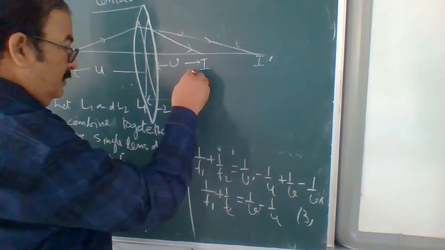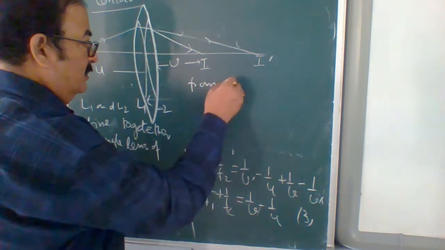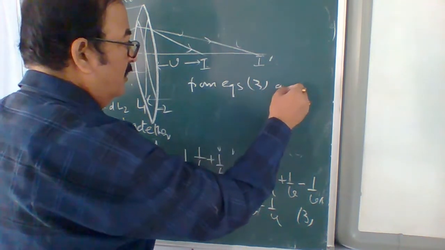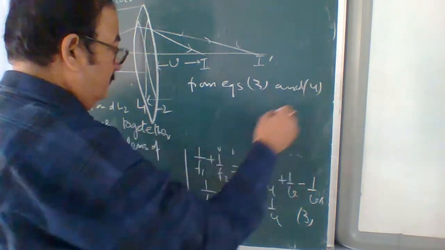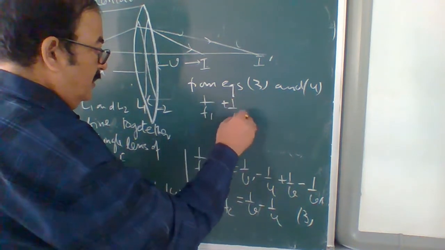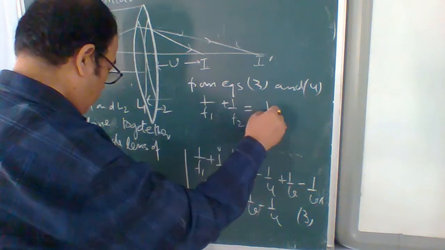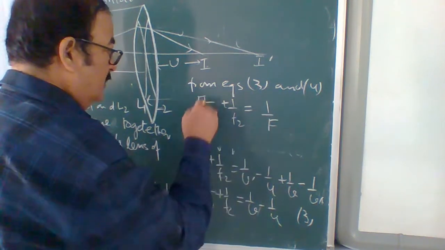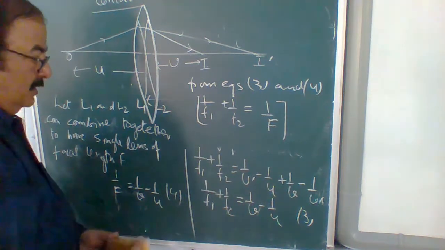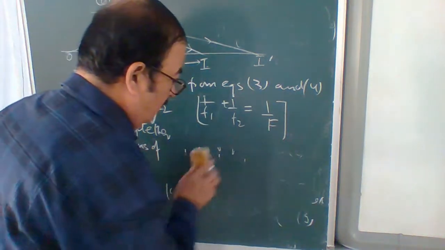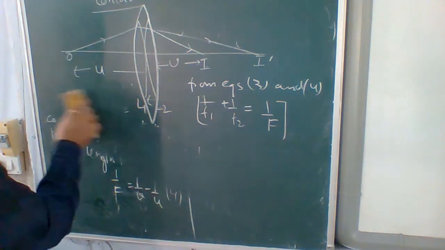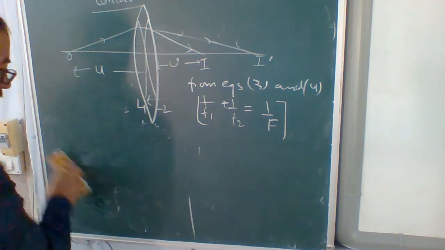We have from equations 3 and 4, 1 upon f1 plus 1 upon f2 equal to 1 upon f. This is our final expression for the combination of two thin lenses in contact.